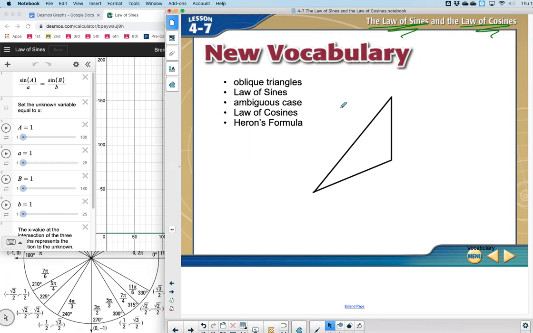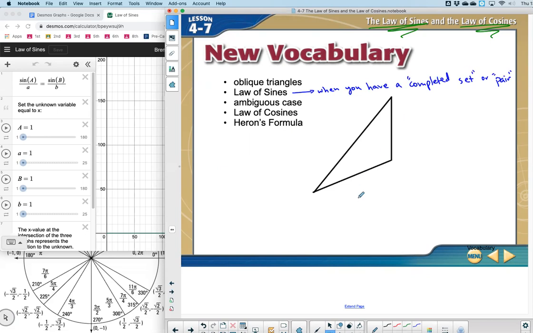So do they always both work? No. The law of sines works in one situation. When you have what I call a pair, or a completed set. I'll put quotes around the words pair and completed set.